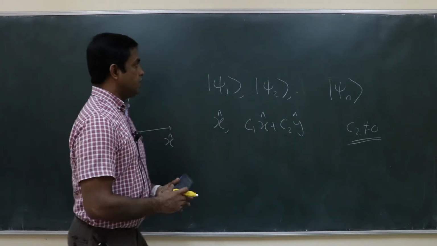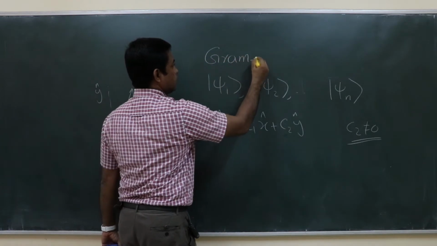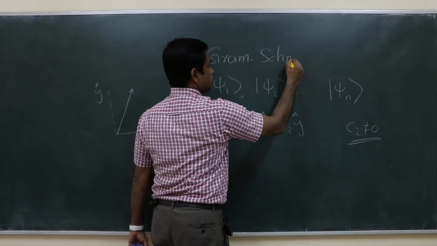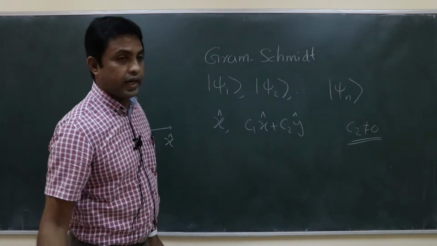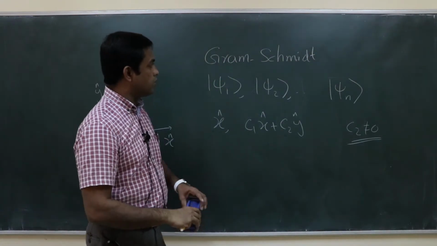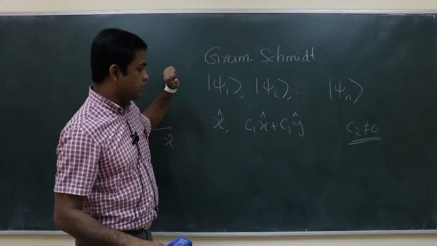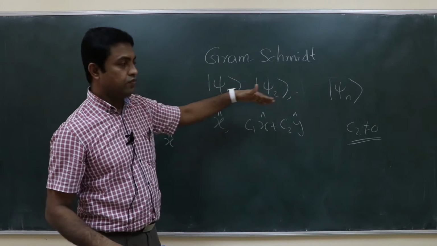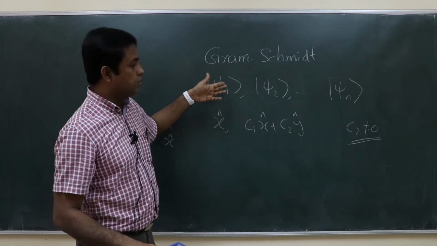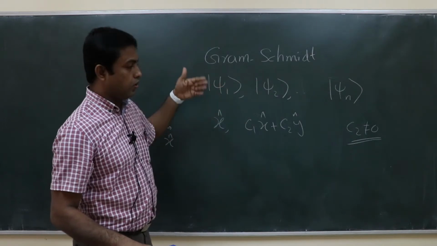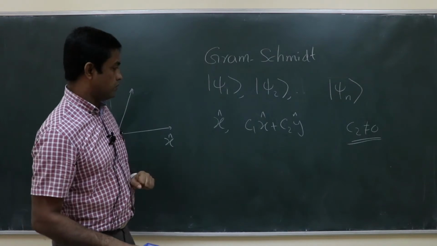There is a procedure called Gram-Schmidt orthogonalization. So we are now going to discuss Gram-Schmidt orthogonalization. In this, if I get a set of vectors which are not orthogonal and also not normalized, how do you make them a set of orthonormal vectors? Okay, that is our job.